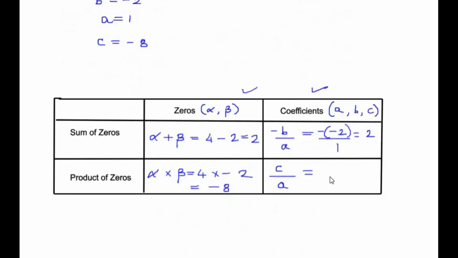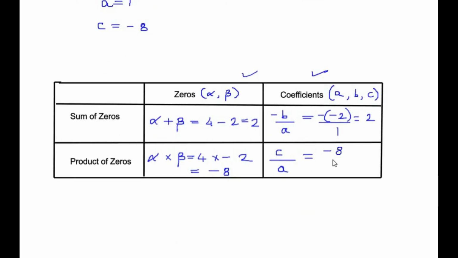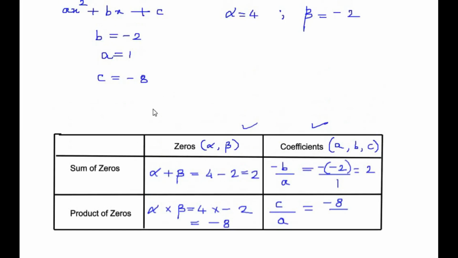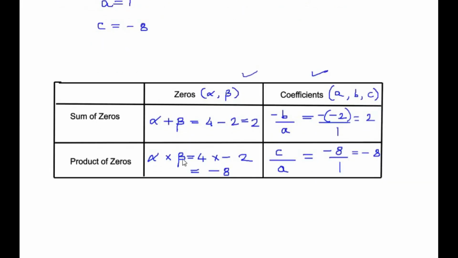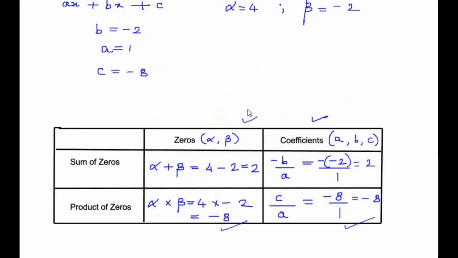Let us write negative 8 over a, which we had seen was 1. So negative 8 over 1 gives negative 8. So we have again verified and confirmed that the product of the zeros is the same in terms of the coefficients of the given quadratic polynomial. So this ends question number 1a.